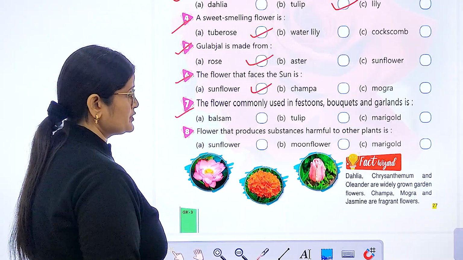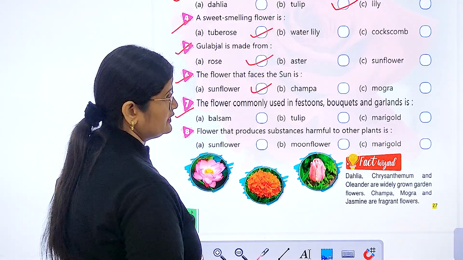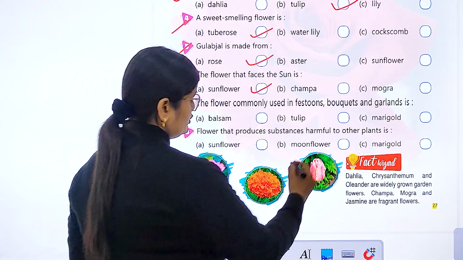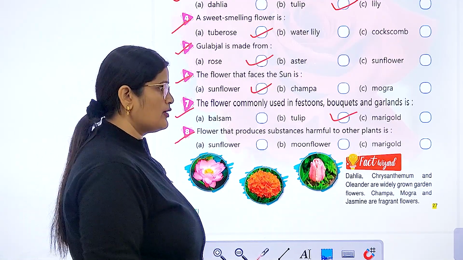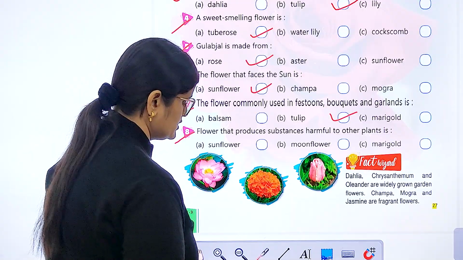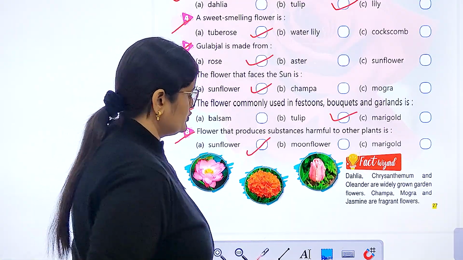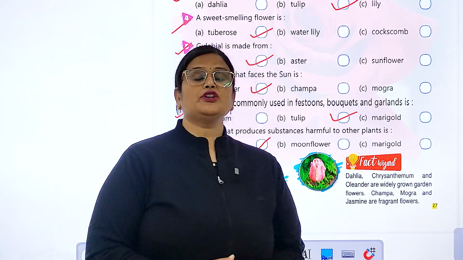The flower commonly used in festoons, bouquets, and garlands is tulip. 8. Flower that produces substances harmful to other plants is sunflower. So, dear students, this chapter is over.